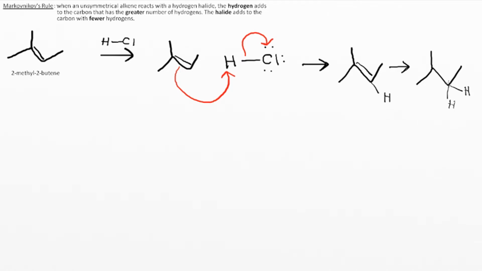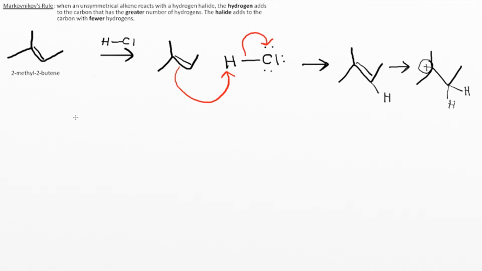So now that this carbon has 2 hydrogens on it, how many electrons does the other carbon have? Let's look at it. 2, 4, 6. So it's missing 2 electrons. Previously it had 2, 4, 6, 8 electrons, so it was happy. Right now it's not, so we must assign a positive charge, a carbocation, on that. Now what do we have? Let's take a look.